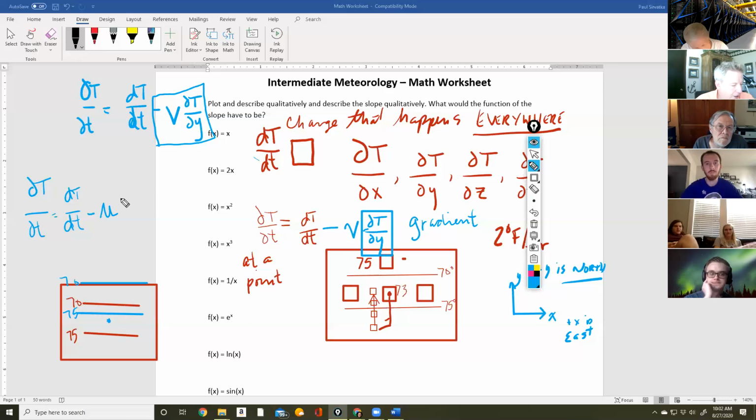Go in your book to page 4. Look at equation 1.2. What do we call a wind that goes east-west? Like meridional or one of those?